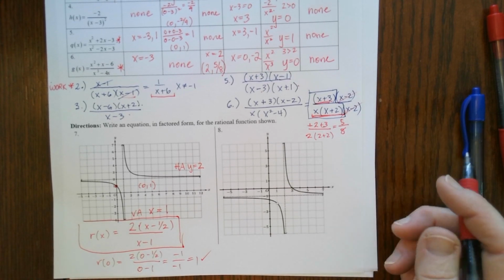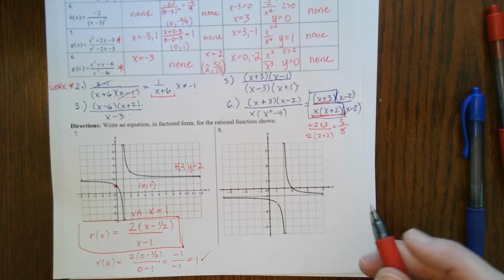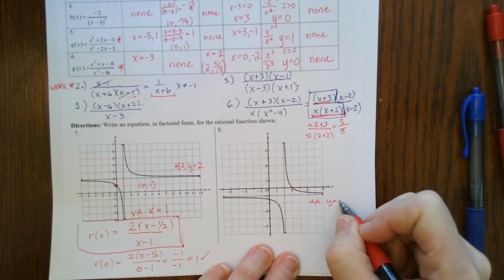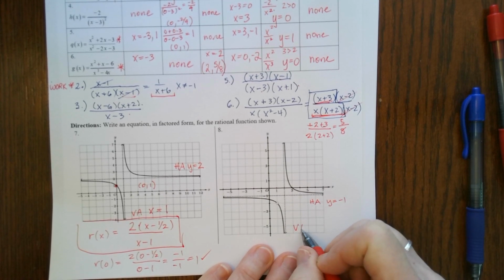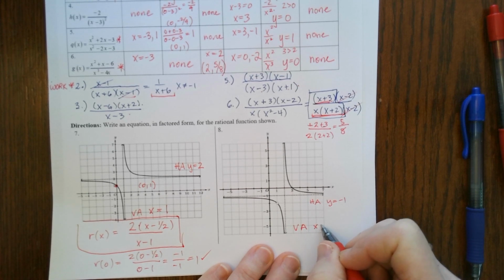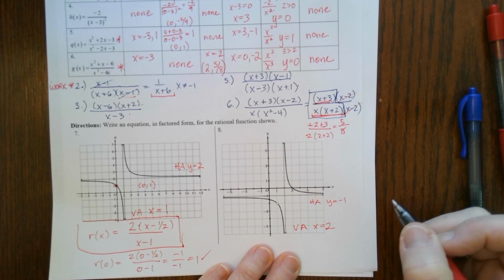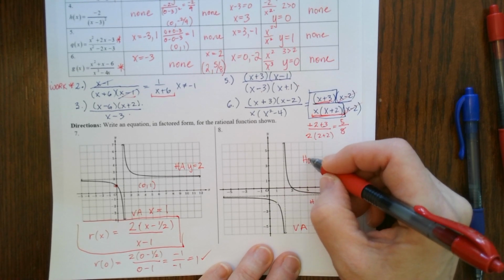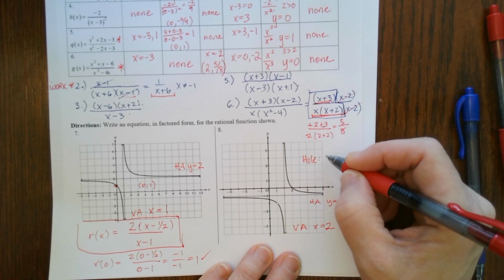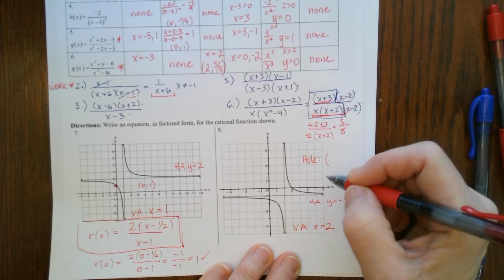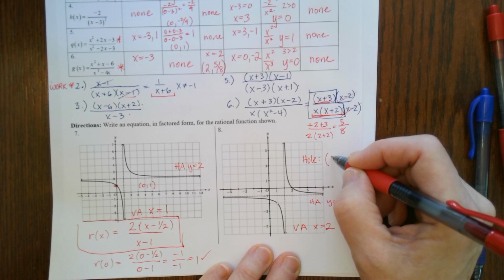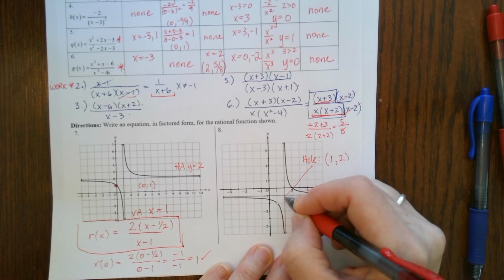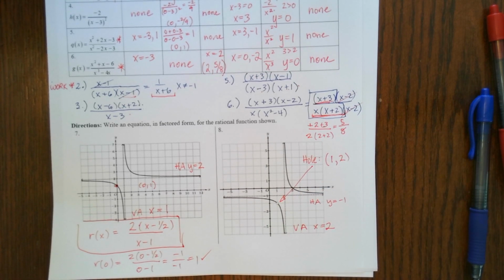And then for the second problem, it looks like we have a horizontal asymptote of y equals minus 1, a vertical asymptote at x equals 2, and also notice that we have a hole at 1, 2. That's our hole there, indicated by that open dot.